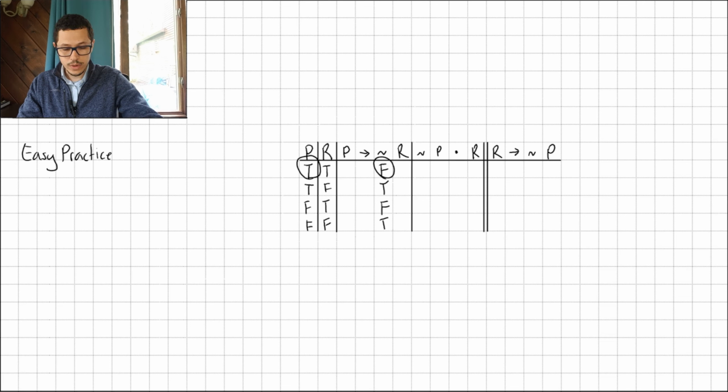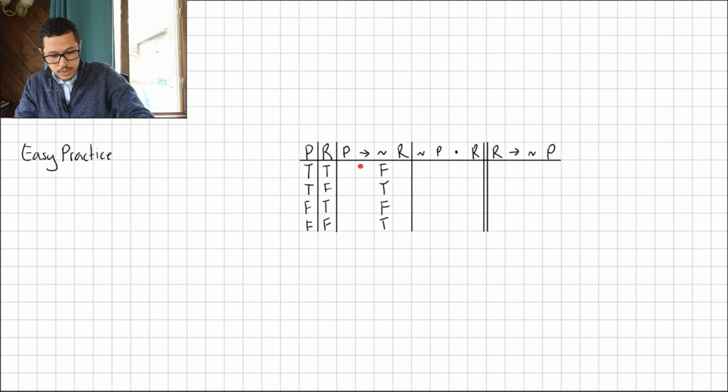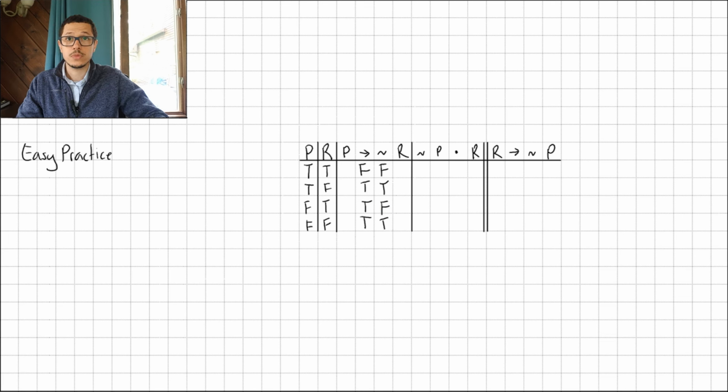So for this first row, we have P is true and not R is false, so a true antecedent and a false consequent. That means this is going to be false. Then we have true implies true, so that's true. We have false implies false, so that's true. And we have false implies true, so that's true.